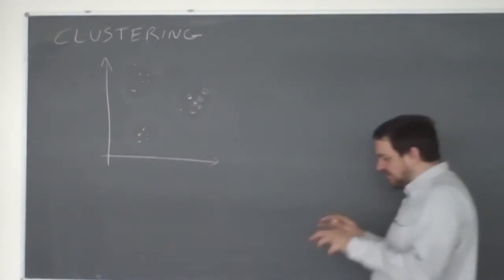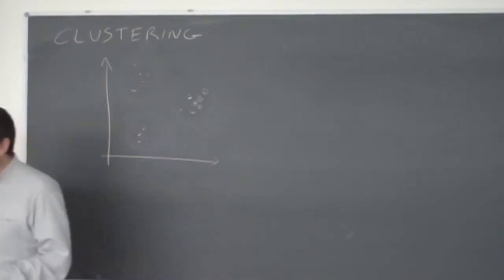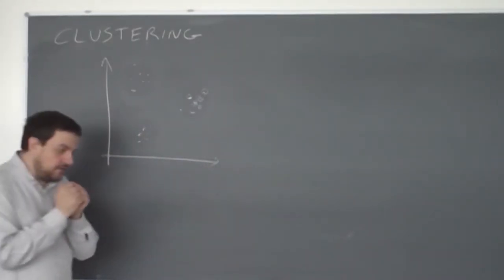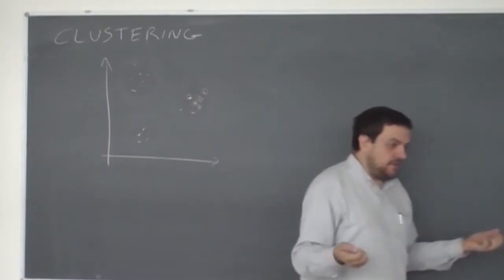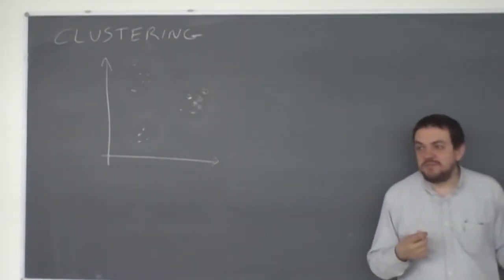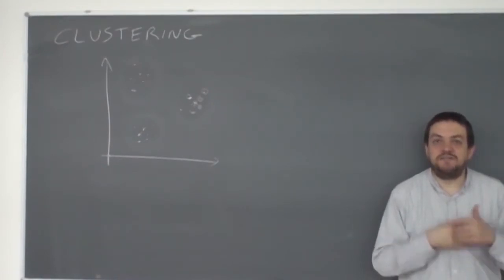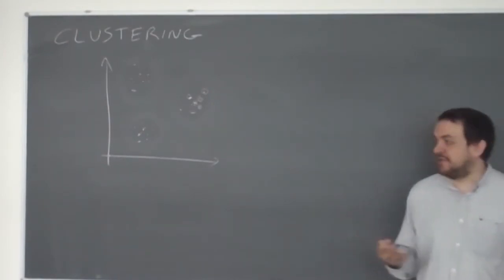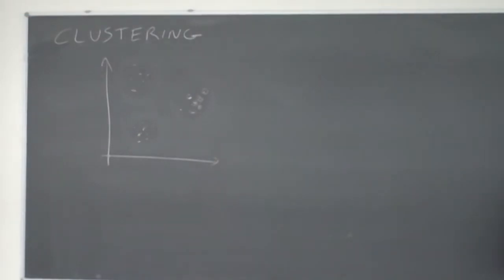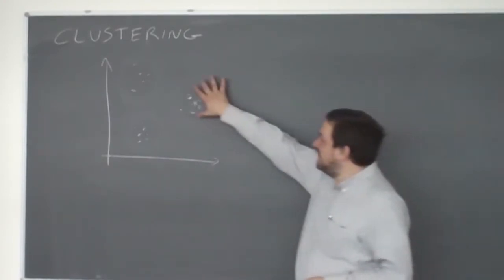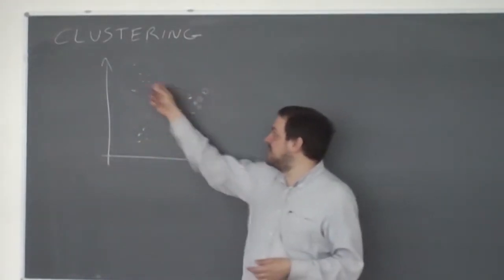So let's take these two definitions as a basic principle. We want similar items to be collected in the same cluster, and items that are significantly different must be in different clusters. Of course, this is not a precise definition. You cannot just feed that definition into a computer and hope that the computer defines 3 clusters out of this.